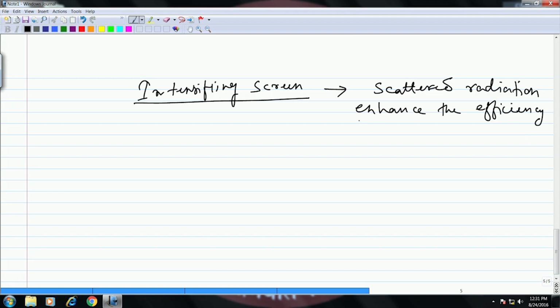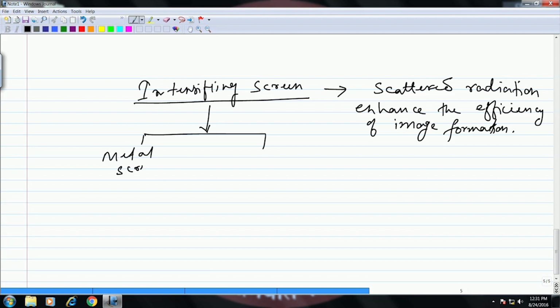So, these are the two primary objectives of using an intensifying screen. And we saw that there are two types of intensifying screen. One is metal screens and the second one is fluorescent salt screens.